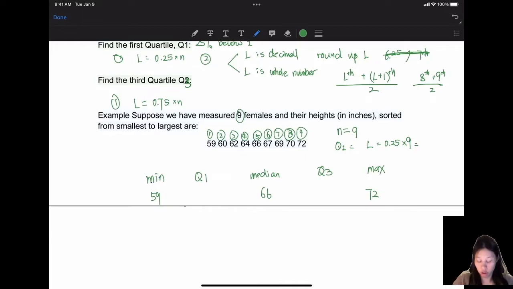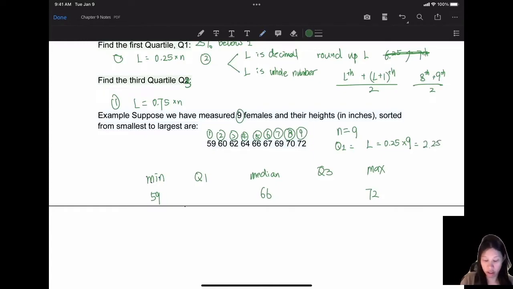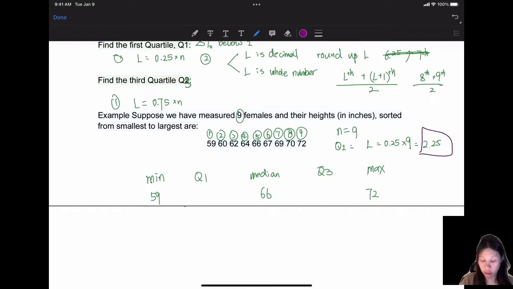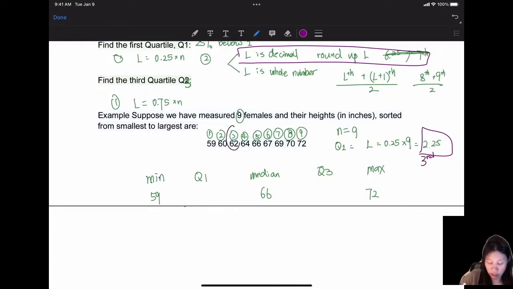Okay, the locator is equal to 2.25. Since this is a decimal, not a whole number, we need to round up. So 2.25 rounds up to 3, the locator should be third. That means the third data is going to be our first quartile.